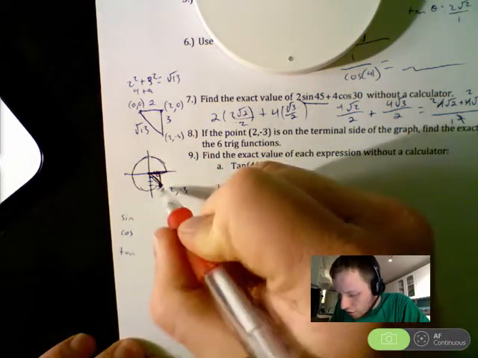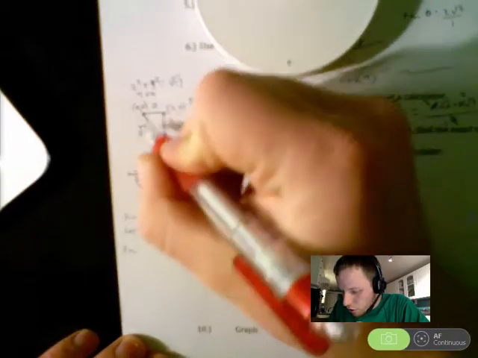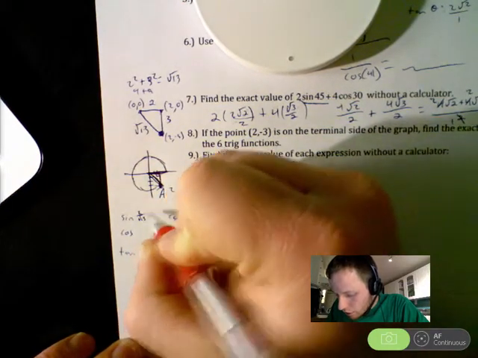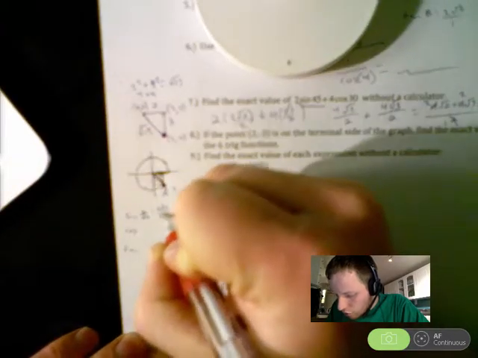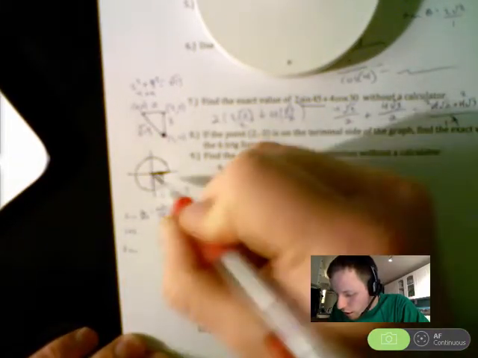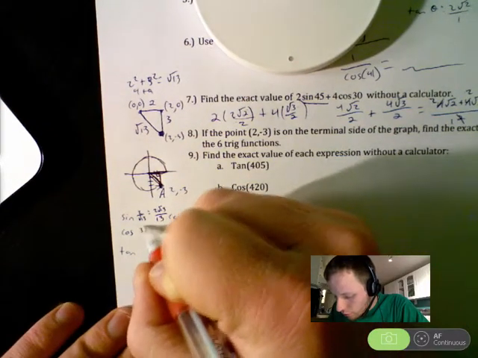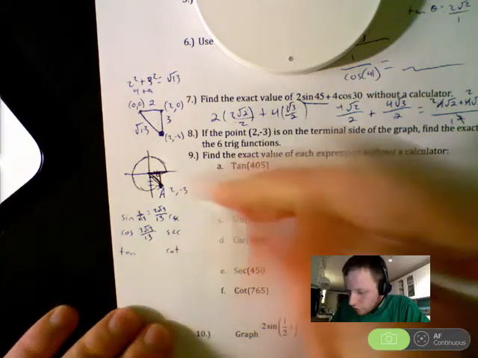So sine of A, which is this guy right here, is 2 over square root of 13. Remember, we can't have square root of 13 on the bottom, so this will end up being 2 square root of 13 over 13. Cosine is 3 over square root of 13, so saving a little bit of the math, it'll be 3 square root of 13 over 13.